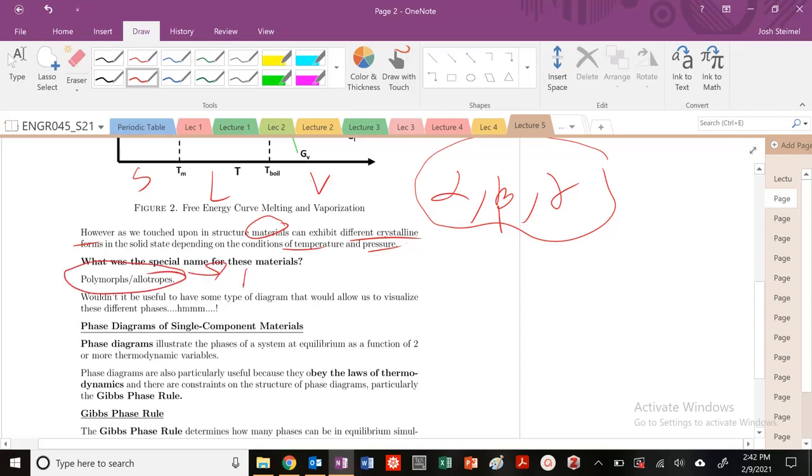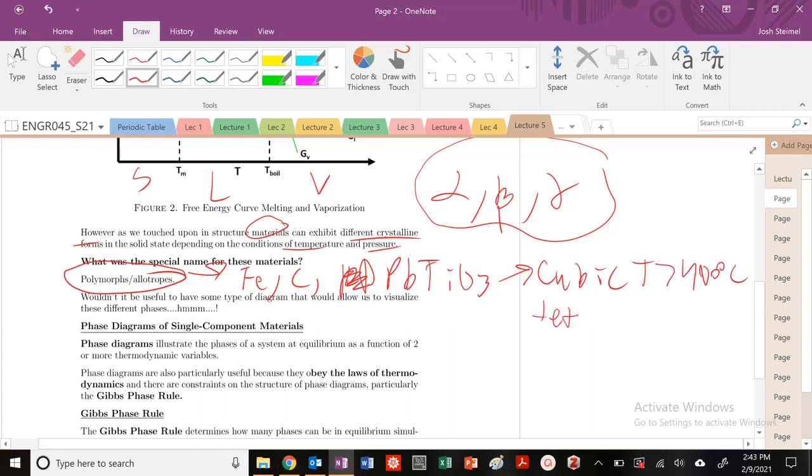So iron, carbon, PbTiO3, lead titanate. It's useful to see, at what conditions will this be in the cubic phase? We know it's cubic when the temperature is greater than 490 degrees C, and tetragonal when the temperature is less than 490 degrees C.